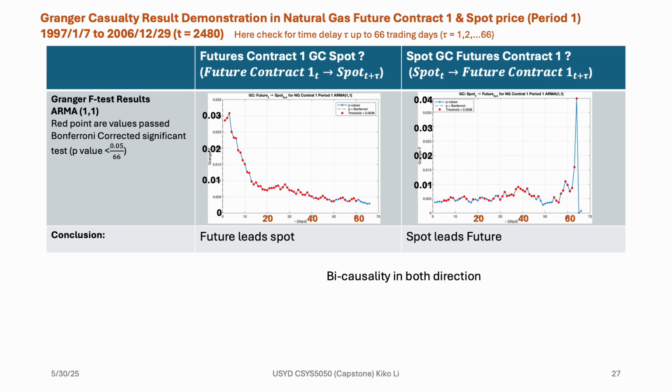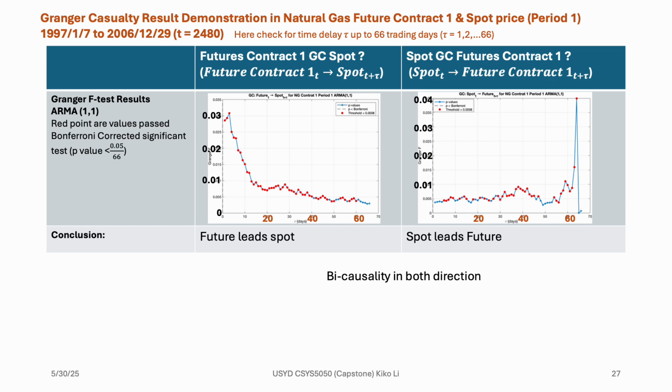So as you can see, this again is a bi-causality case. However, future price leading spot price seems stronger than spot price leading future price, especially in the short term, but spot price leads the future in the longer term, shown by the rising significance of the F-test value in the right plot.